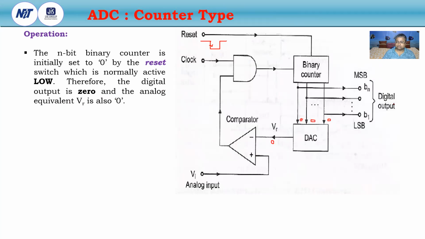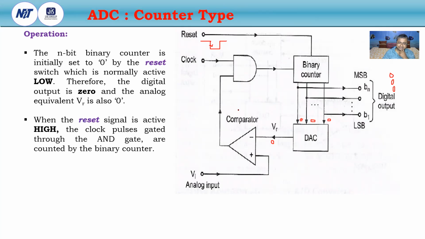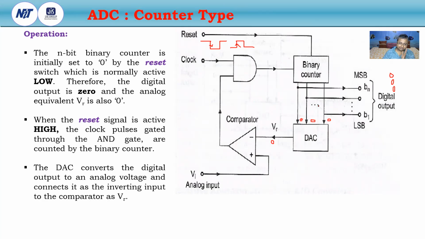When the reset signal is active high, the clock pulses gated through the AND gate are counted by the binary counter. The DAC converts the digital output to an analog voltage and connects it as the inverting input to the comparator as the reference voltage VR.